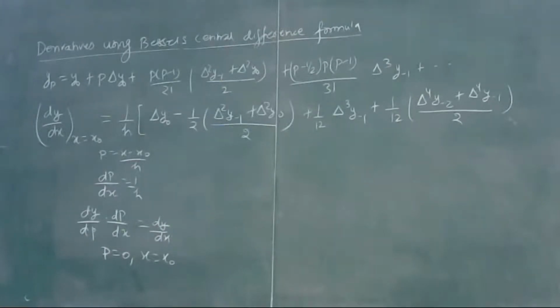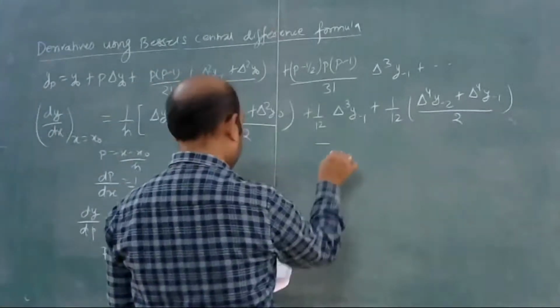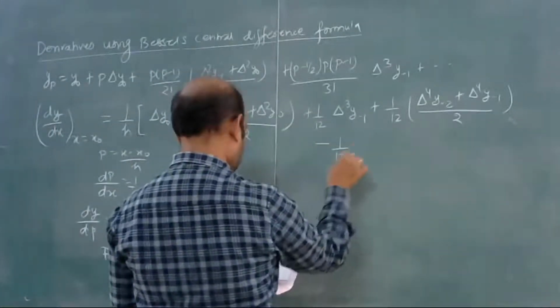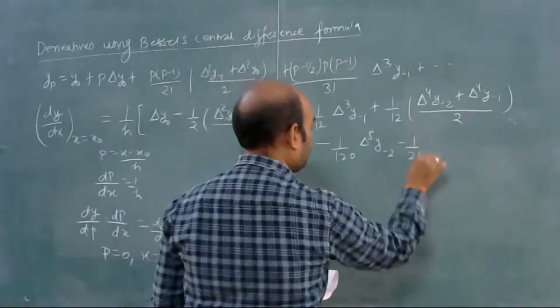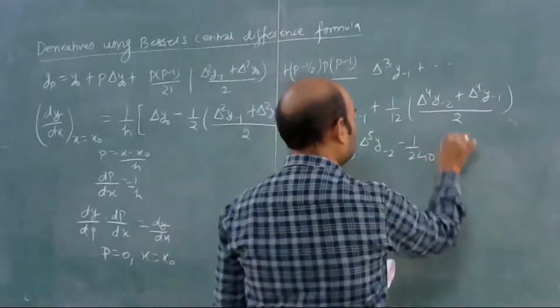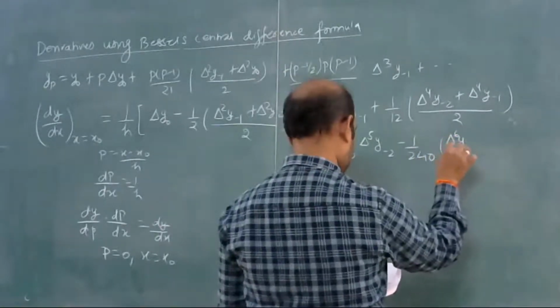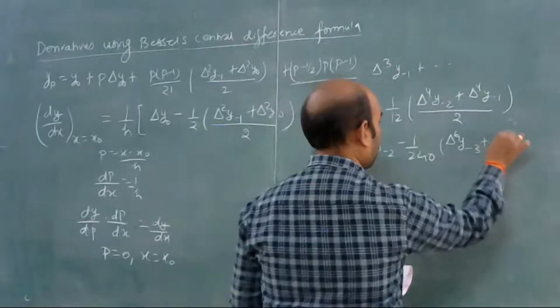So now we will write, this is higher values are minus 120 get to the power 5, minus 240 get to the power 6 minus 3 get to the power 6.